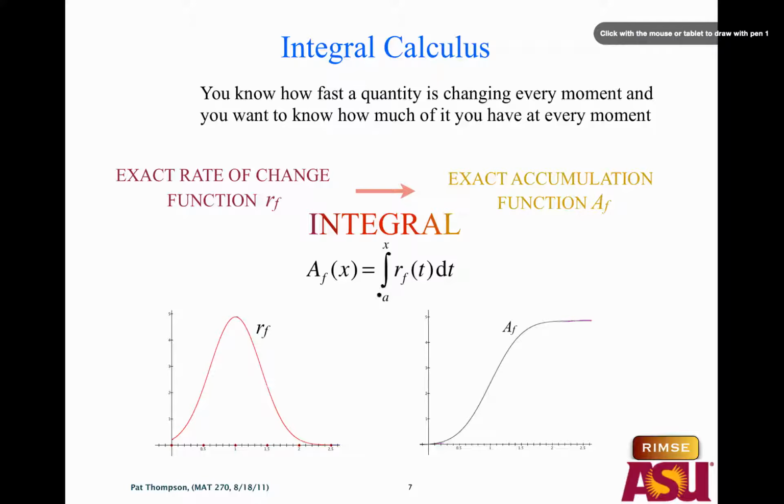all added together, starting from the starting value of the independent variable a to the final value of the independent variable x, and that's what our accumulation is a function of. It's a function of where we want to stop accumulating. So if you let that x increase, then we get the accumulation function. We get how much of it we have at every moment.